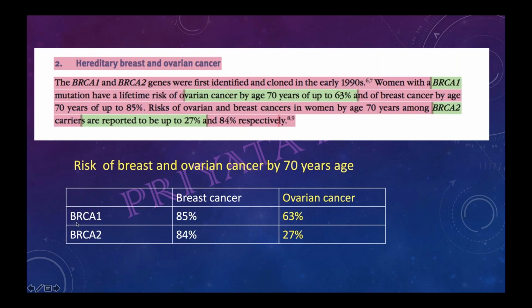If BRCA1 is there, breast cancer risk is 85%, and ovarian cancer risk is 63%, and for BRCA2, breast cancer is 84%, and ovarian cancer is 27%. The BRCA1 and 2 breast cancer numbers are easy to remember, 85 and 84, and the question usually doesn't come from here.